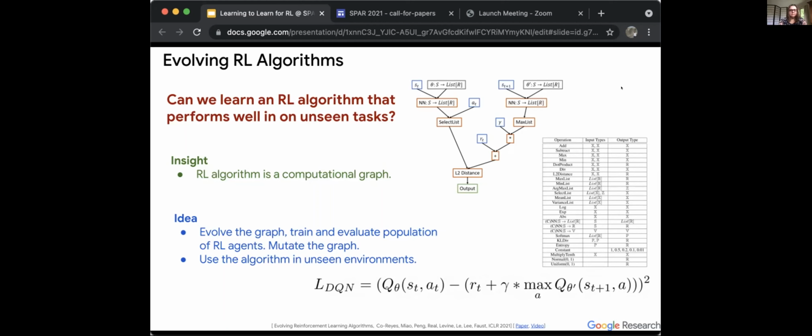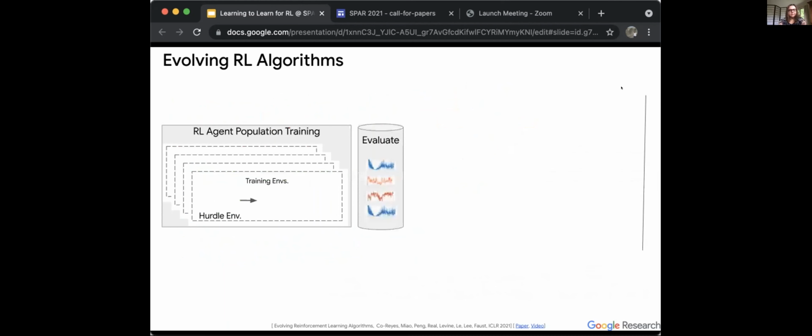This is in the DQN setting, so discrete actions. First, we have a hurdle environment for the proposed loss function. Again, we initiate a population of loss functions as graphs. We train them all first on the hurdle environment. If one can't pass the hurdle environment, there's no point training it further.